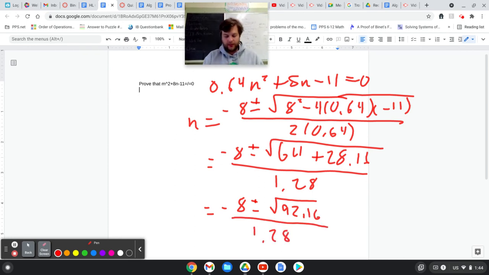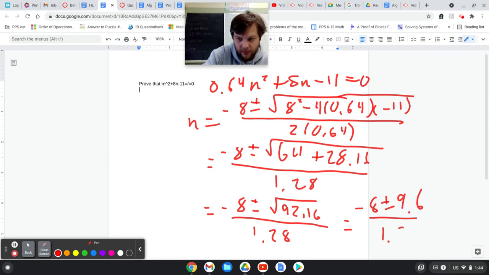Let's see, what is the square root of 92.16? 9.6. So n equals negative 8 plus or minus 9.6 over 1.28.